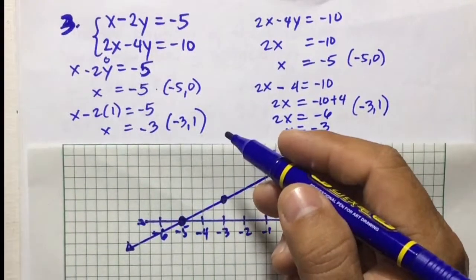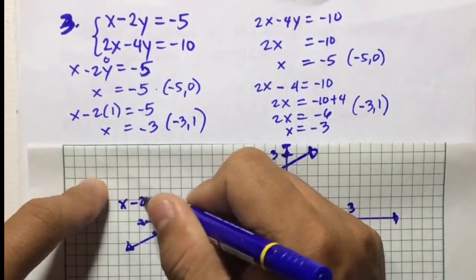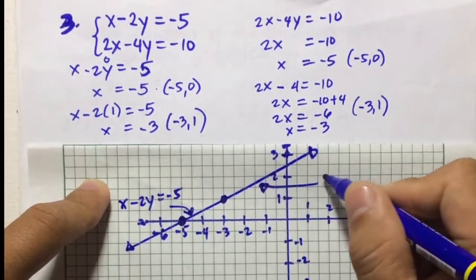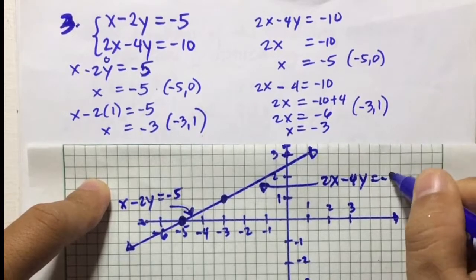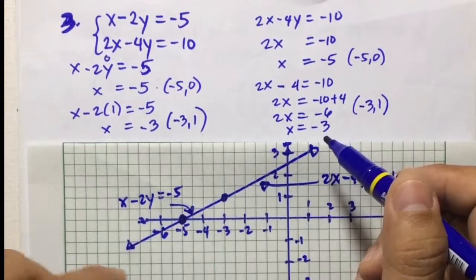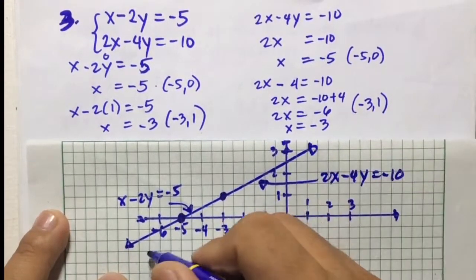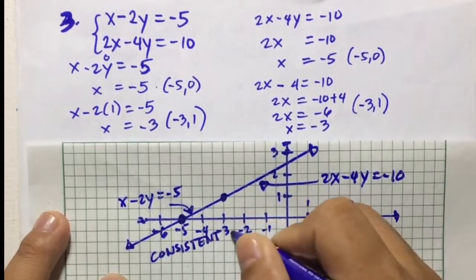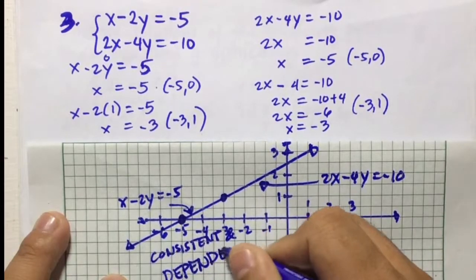So this is the graph of x minus 2y equals negative 5, and this is also the graph of 2x minus 4y equals negative 10. Meaning this system here is called a system of consistent and dependent equations. So consistent and dependent.